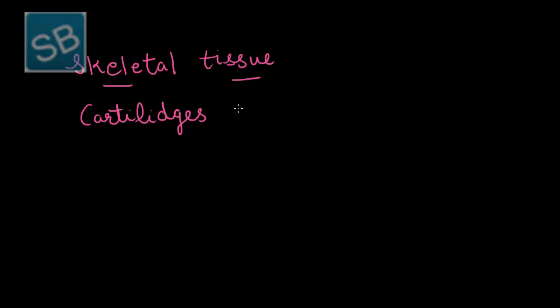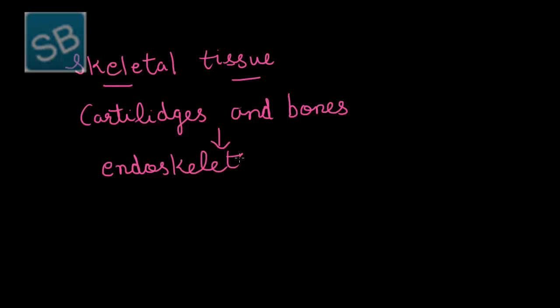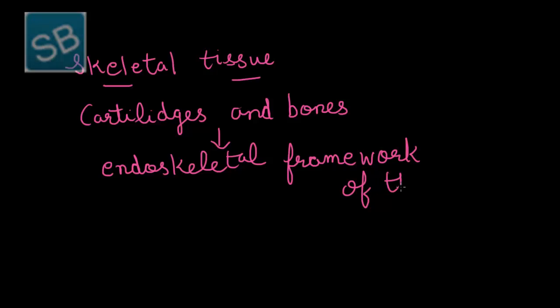Now we will study another type of connective tissue, that is skeletal tissue. As said earlier, skeletal tissue mainly consists of cartilages and bones that form the endoskeletal framework of the body of vertebrates.